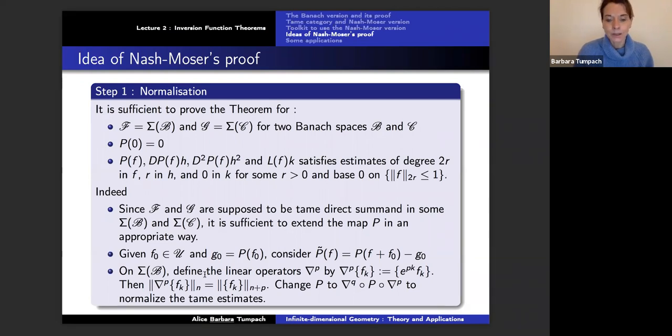So we can modify these maps a bit such that we control these estimates. For this, we use an operator which multiplies the exponentially decreasing sequence by some exponential, and we can manage to normalize these estimates.